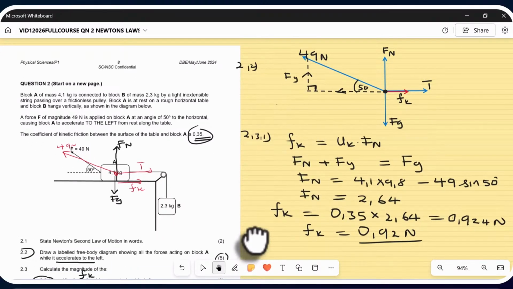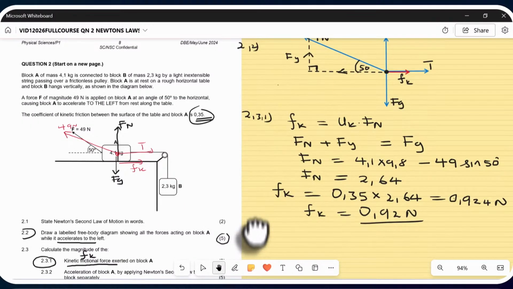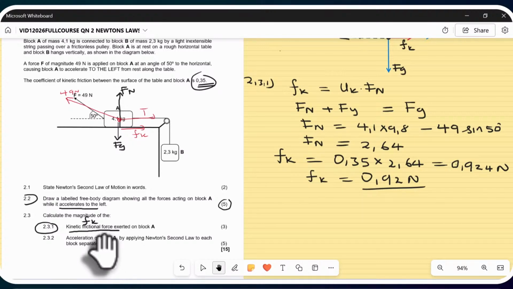Now because the blocks are joined by the inextensible string, we have the tension. And the blocks are going to move: block B will be moving upwards, and block A will move to the left.